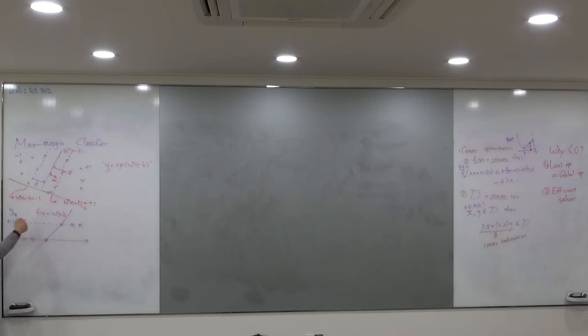In this case, where can we find D? If we define D like this, the distance from this dotted line to this dotted line should be 2D. 2D should be found here. This is 2D.